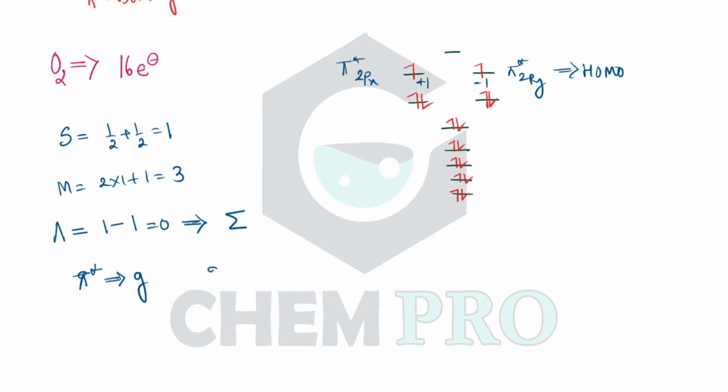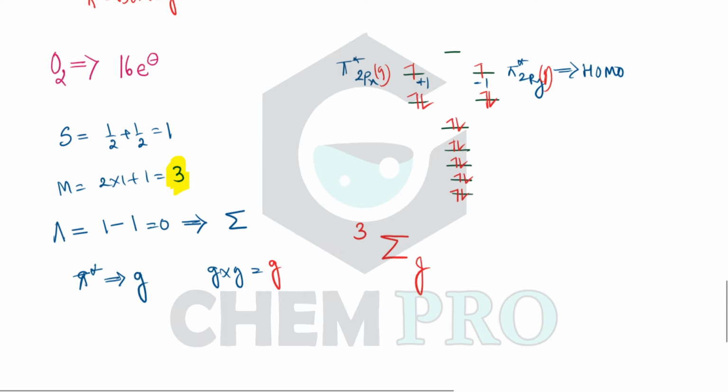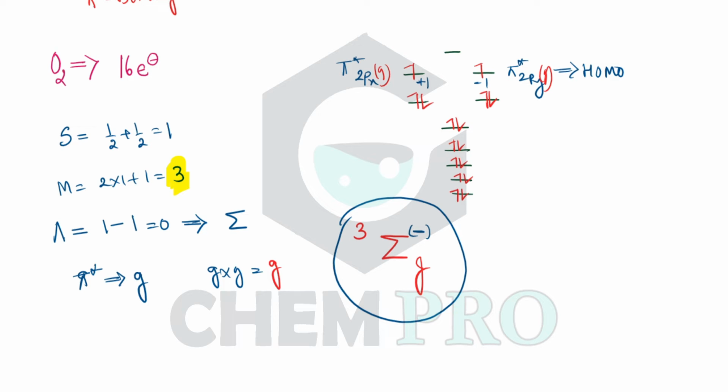So now g into g will be g, here this is g and this also g. Okay, so g into g equals g. So now the molecular term symbol will be 3 sigma g. Okay, 3 sigma g. And for parity sign, we have to consider the multiplicity value, and here the value is 3. That means the parity will be minus, and this is the molecular term symbol for O2.